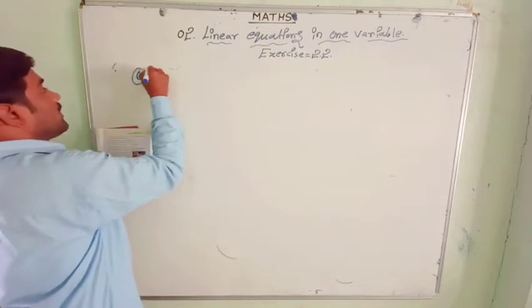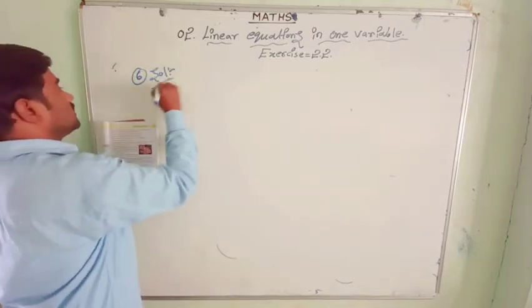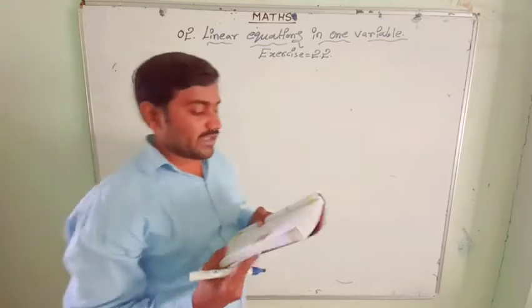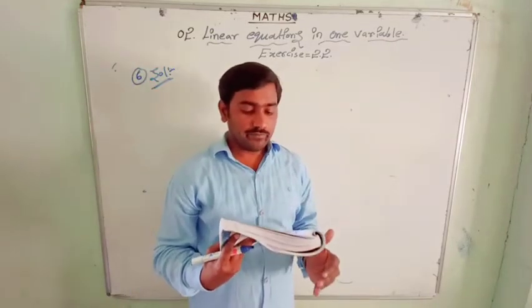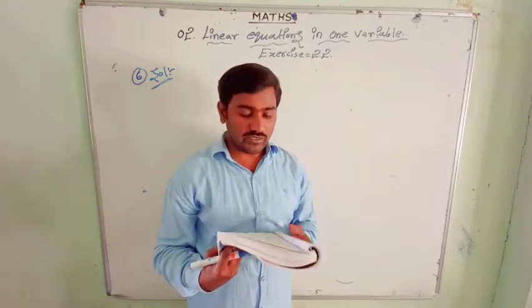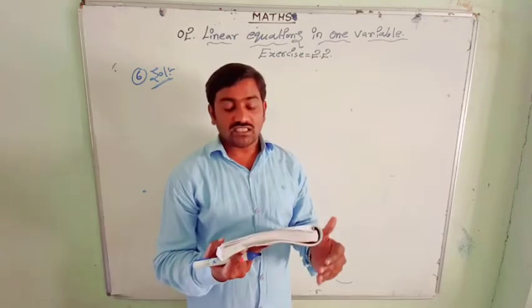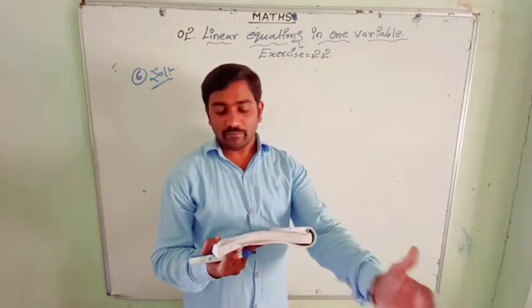Sixth question solution. A man walks 10 kilometers. Then he travels a certain distance by train.